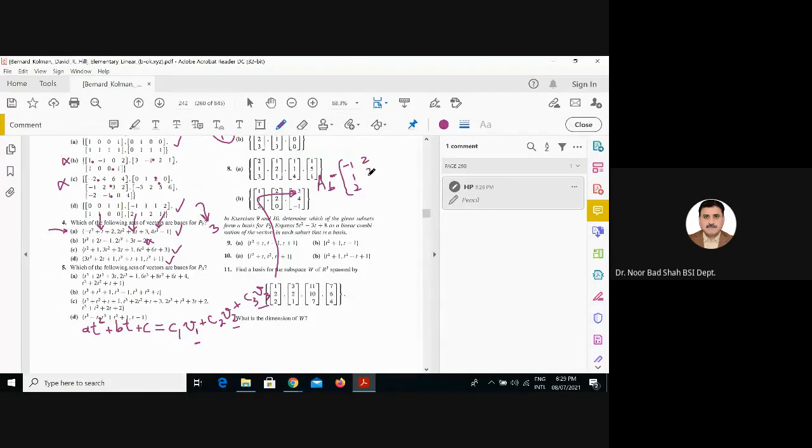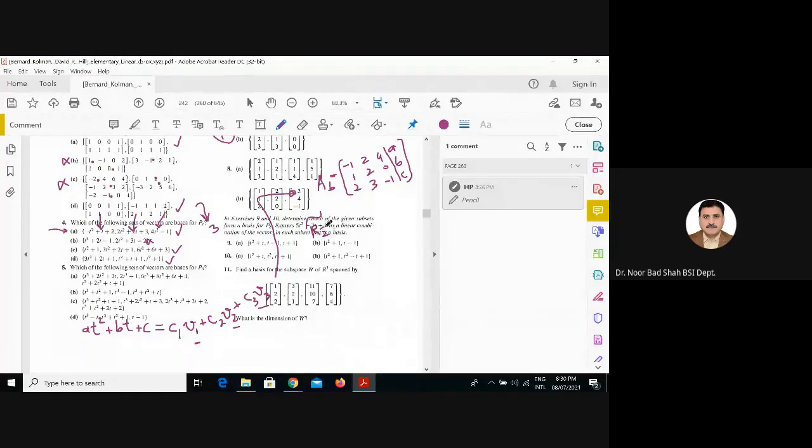The third one will be 4, 0, -1. And the right side will be taken as A, B, C. Then we convert this into echelon form. If it has a solution, we say it spans P2, otherwise it doesn't. And then we stop there.